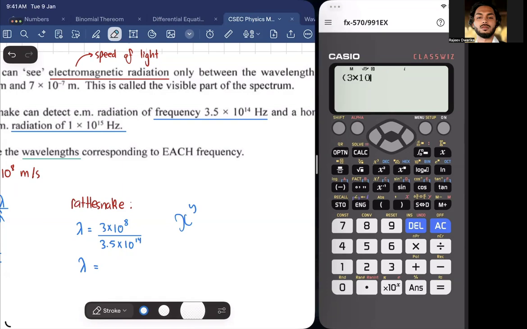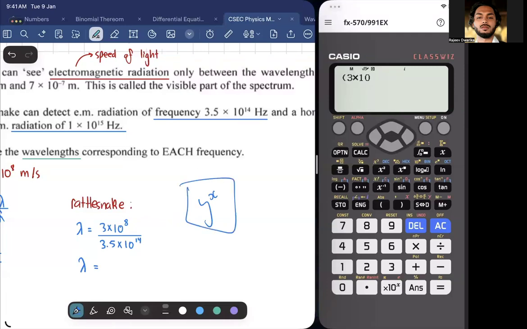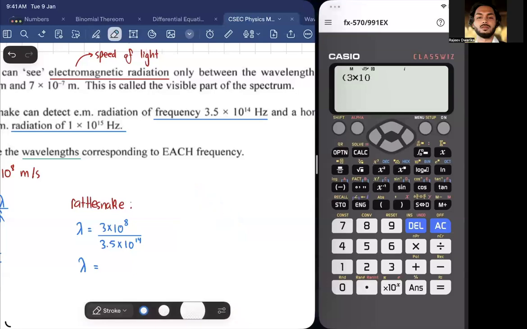Oh yeah, instead of X to the Y, you would see Y to the power X. You are going to press that button and a little thing should pop up.